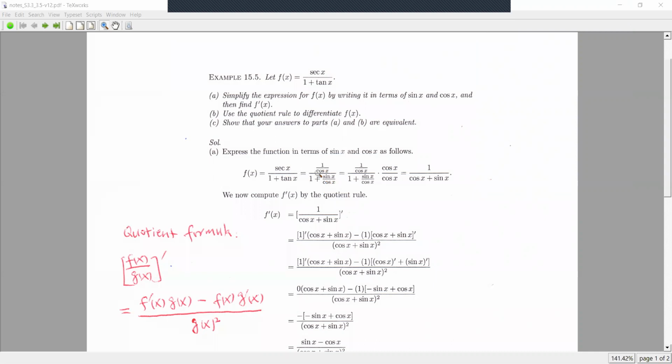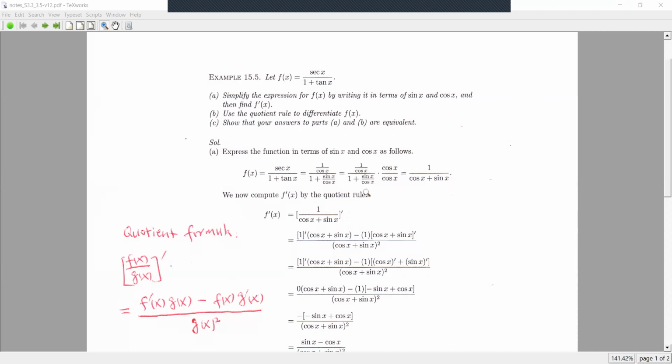To remove the denominator cosine, multiply the top by cosine, multiply the bottom by cosine. Numerator times numerator, 1 over cosine times cosine. It is 1. Denominator times denominator.